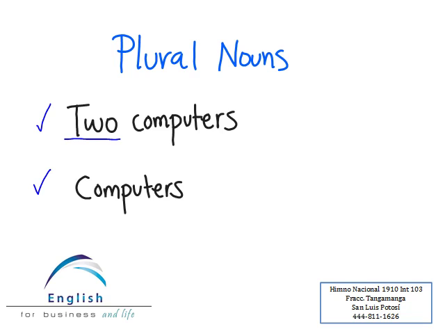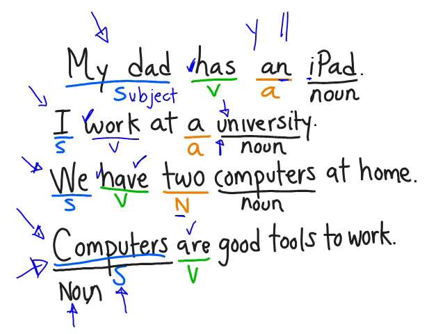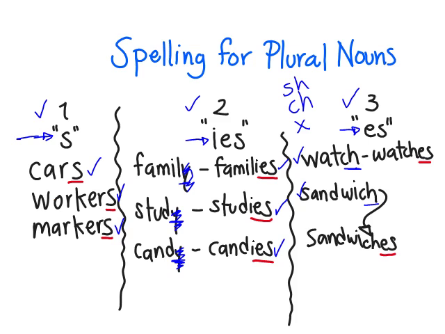Plural nouns, remember that they do not use an article, they use a number. And sometimes it's not necessary. Okay, some examples, we already went through that. Okay, remember rules 1, 2, and 3. The simple one, like in Spanish, cars, workers.